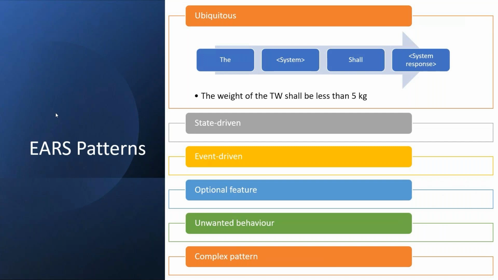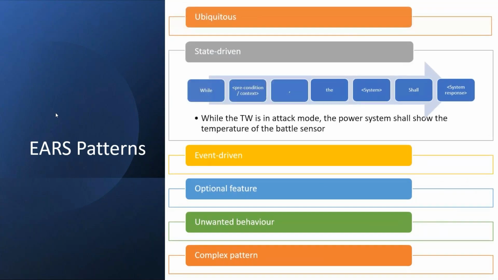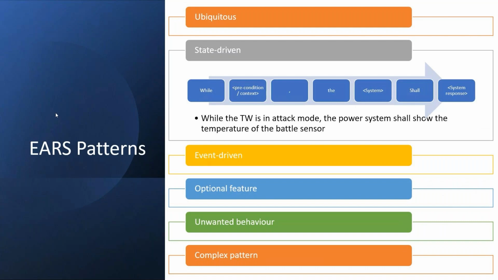It is always active. However, for the rest of the potential types of requirements, you will see things like, in this case, a precondition or context, where the requirements following this second pattern are only active while this precondition is true.